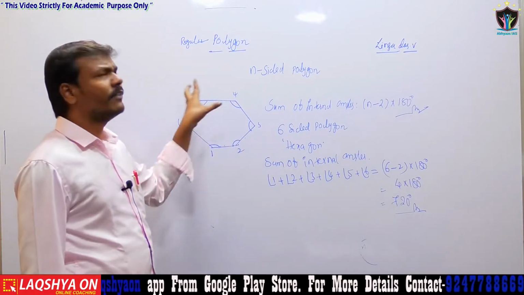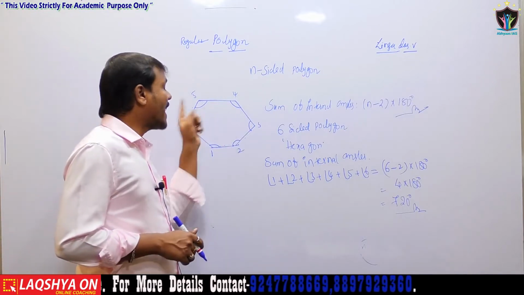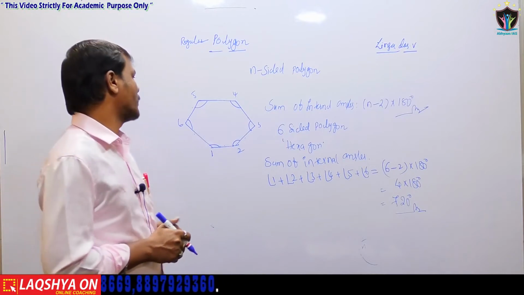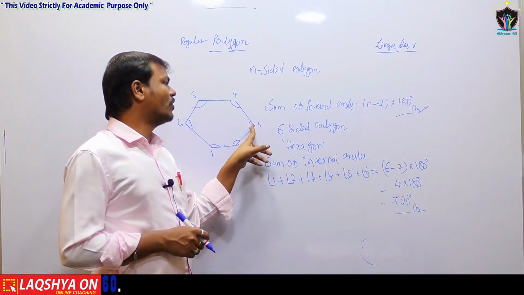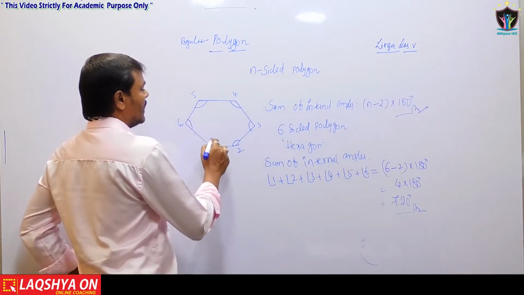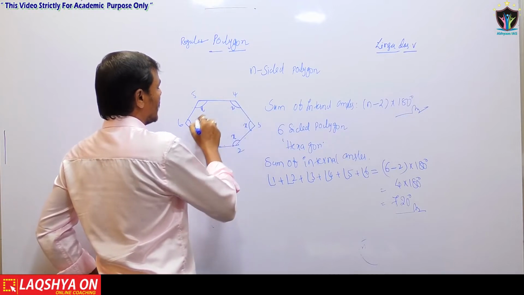Now, if each of the internal angles is the same, angle 1 equals angle 2 equals angle 3 equals angle 4 equals angle 5 equals angle 6, each is x.